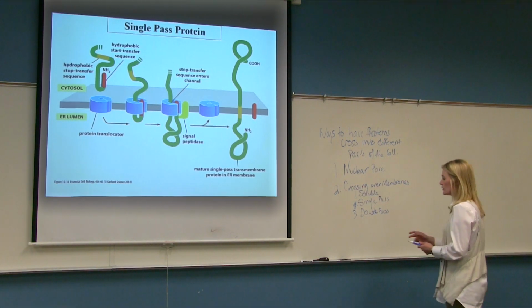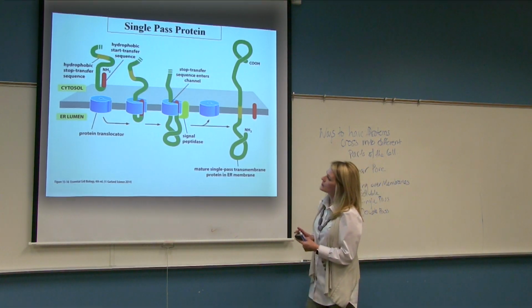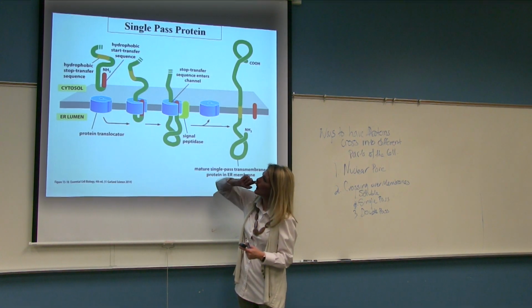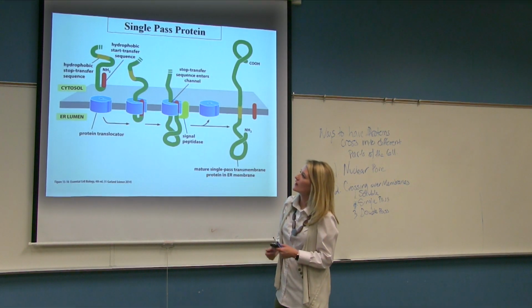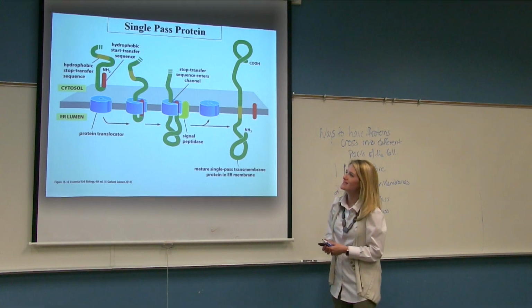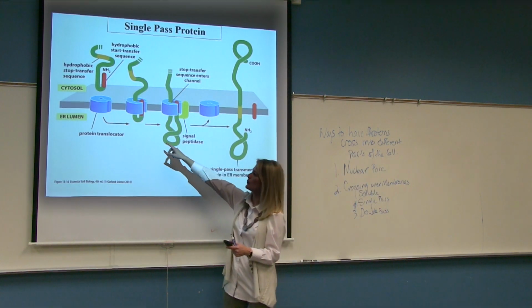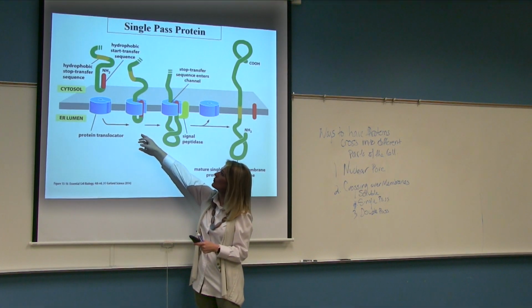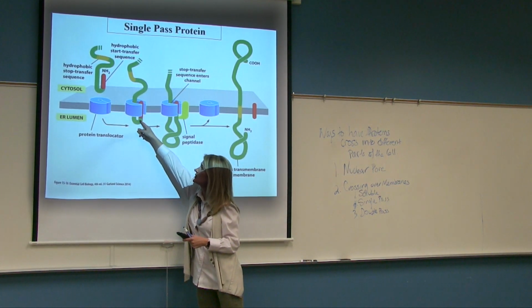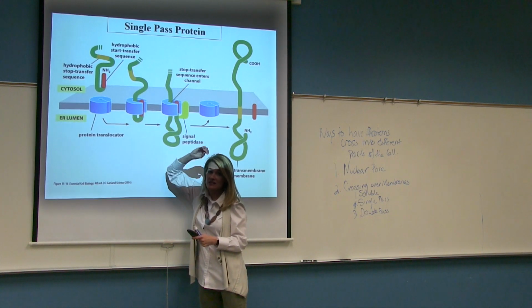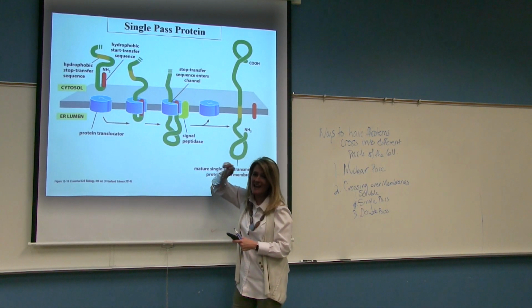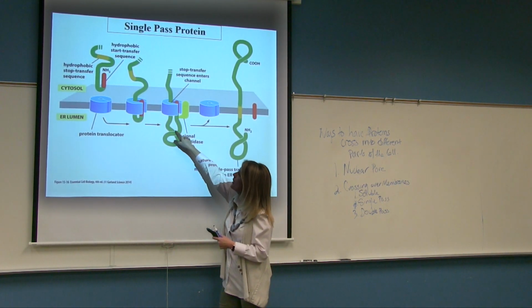And so again, if we look at the single pass, we still have our N-terminus, and what we're looking for now is the fact that we have this hydrophobic stop transfer sequence. As it comes through our protein translocator, our N-terminus sequence is still going to be present. It's going to keep a hold position inside the membrane as a whole.